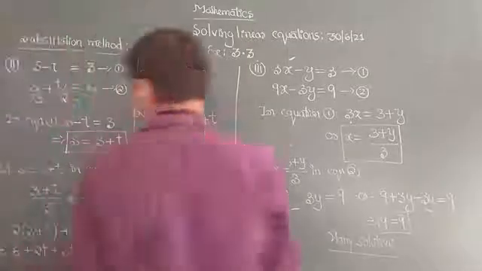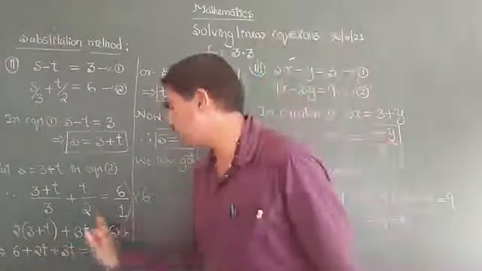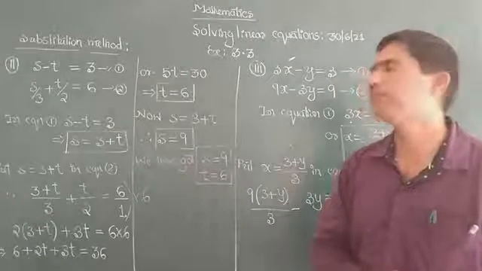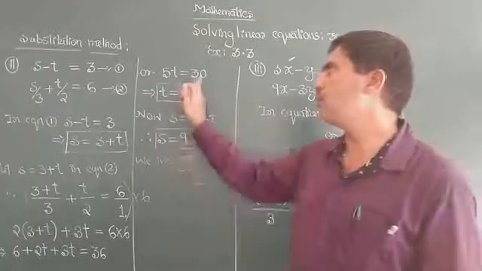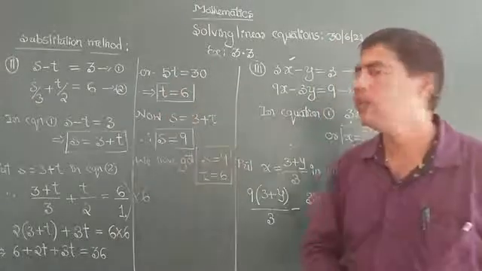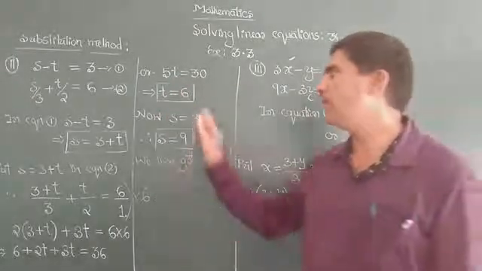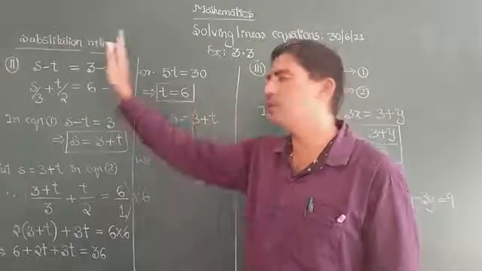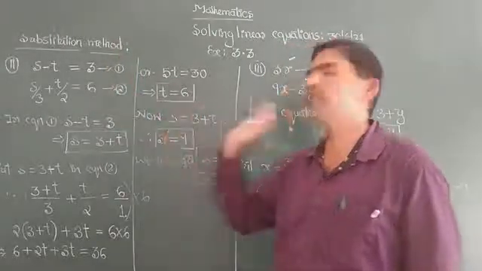6 plus 5t equal to 36, 6 is brought to the right hand side. You have got 5t equal to 30. 5t equal to 30, t equal to 30 by 5 or that is 6. Once you got the value of t, now you can substitute the value of t in any equation to get the value of s.